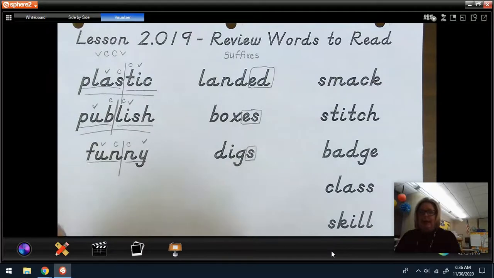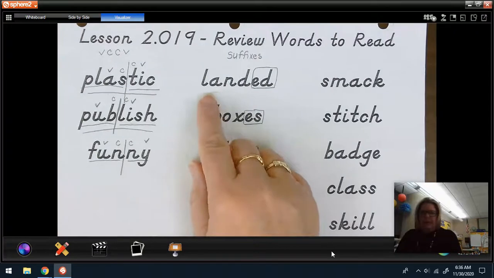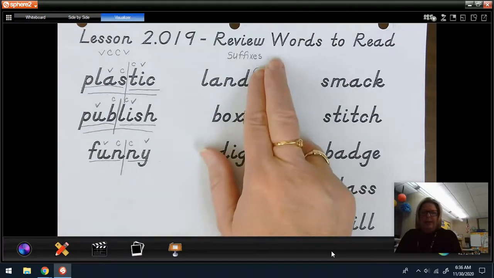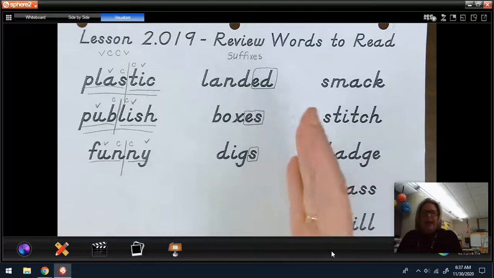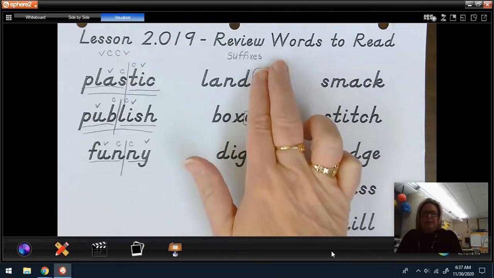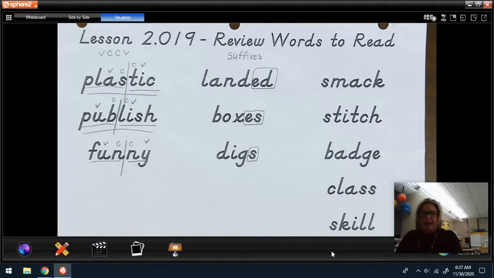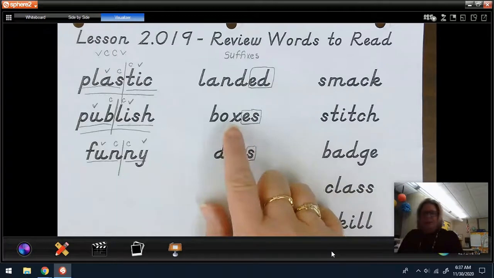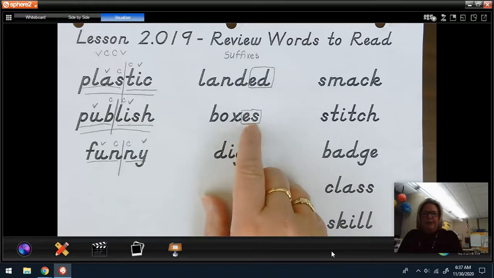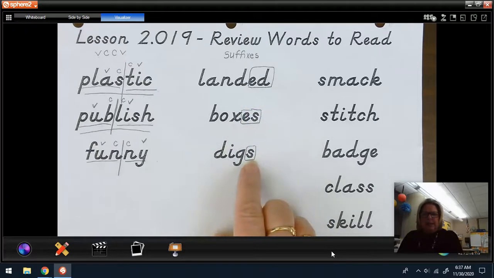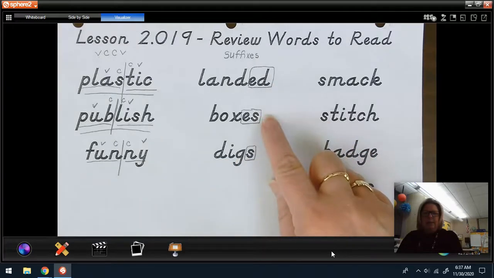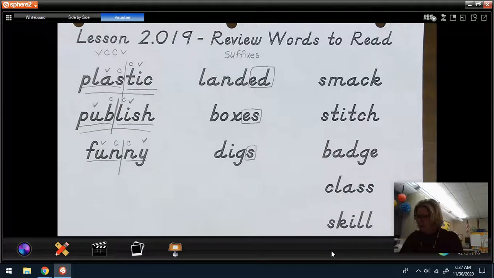Remember, ed can say ed, it can say d, or it can say t on the end of the word. This word is landed. If I covered up ed, I'm left with the word land. What if I added ing as the suffix to land? I would get landing. All right, the next word, here is our suffix es. Boxes. And the suffix is s, digs. Landed, boxes, and digs.